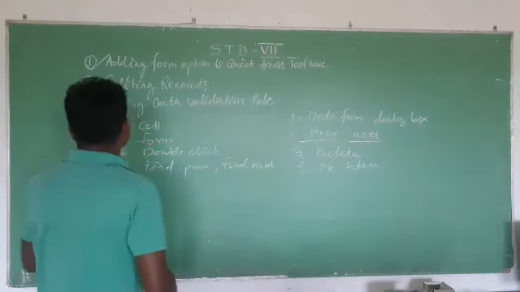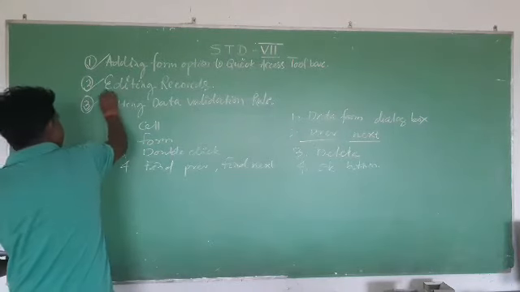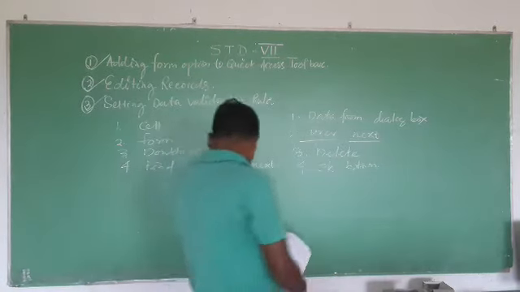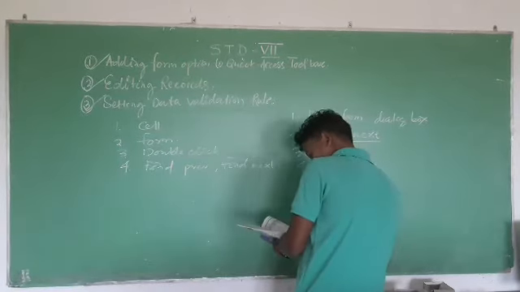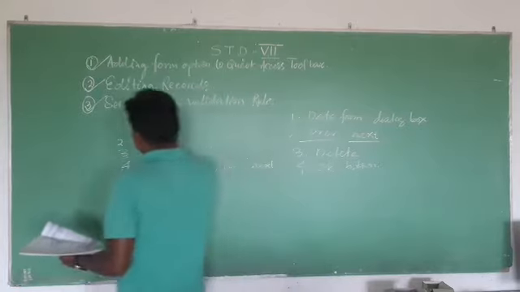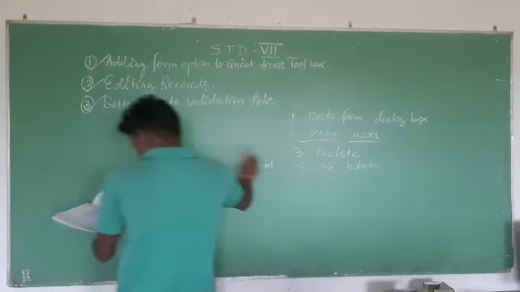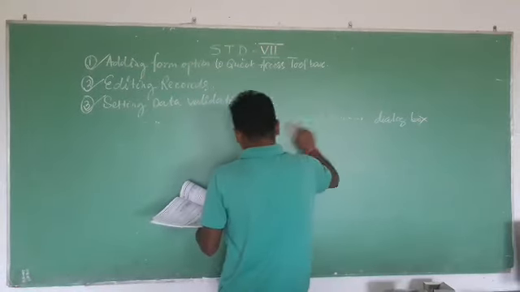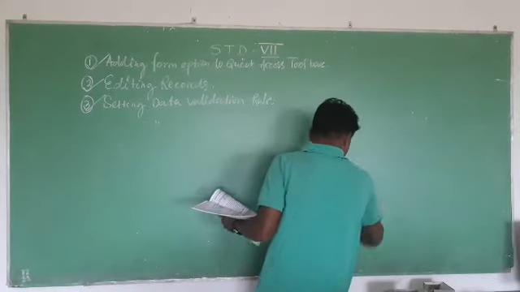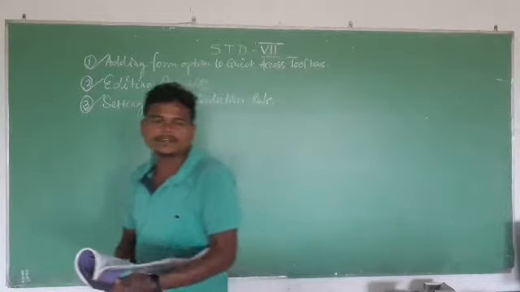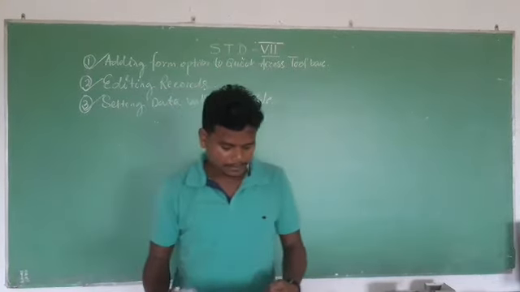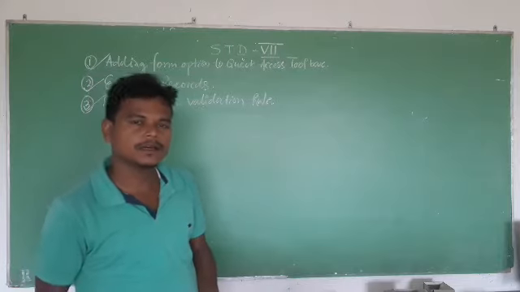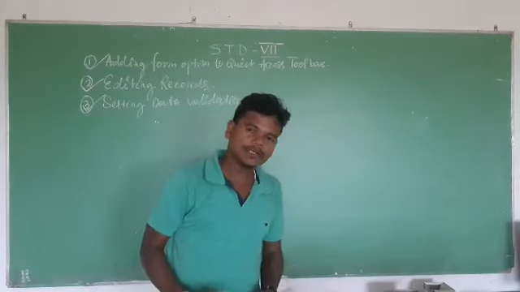Next one is setting a data validation rule. What is a data validation rule? This rule can be used to set up your database table to control exactly what kind of data is allowed in the cells.